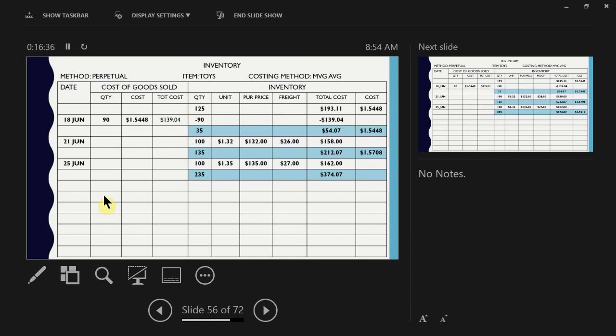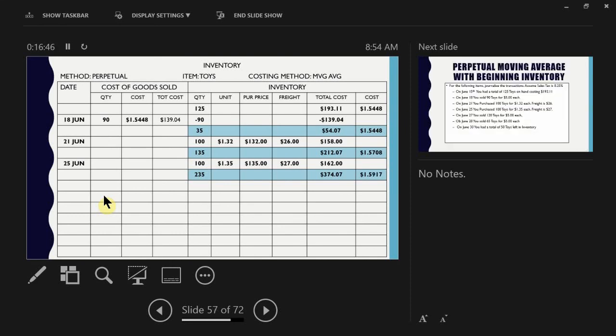And what do we get here? $1.5917. So as we are moving forth and picking up our stuff, notice that the cost per item here is $1.62.